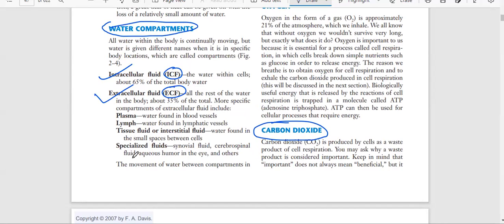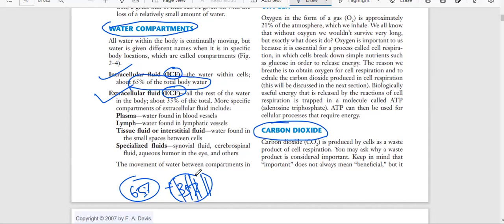In intracellular, inside the cell, we have 65% of total body water. In extracellular, we have 35%. But this 35% is divided into sub compartments.